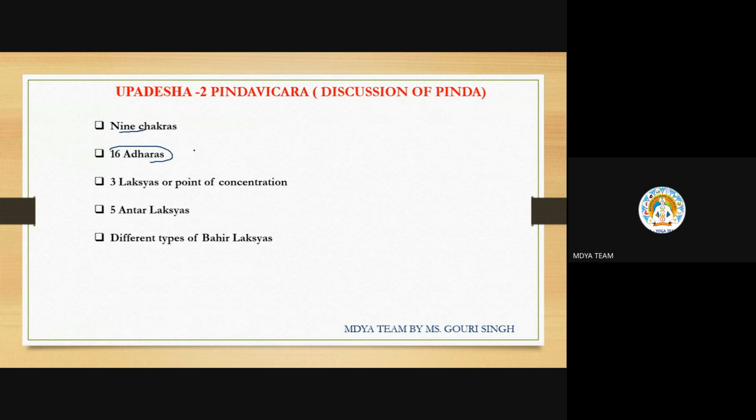The 5 antar lakshyas are discussed here, and different types of bahir lakshyas too, like meditating on the akasa, on any chakras, or anywhere outside.